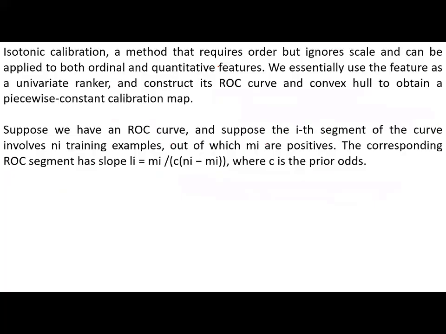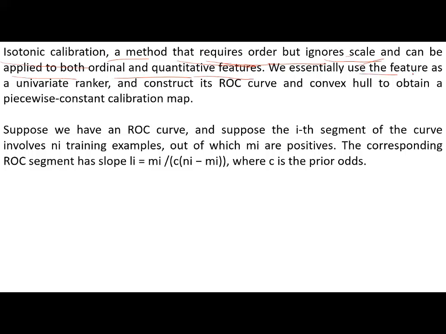Another one is isotonic calibration, a method that requires order but ignores scale. Order is important, scale is ignored, and it can be applied to both ordinal and quantitative features.